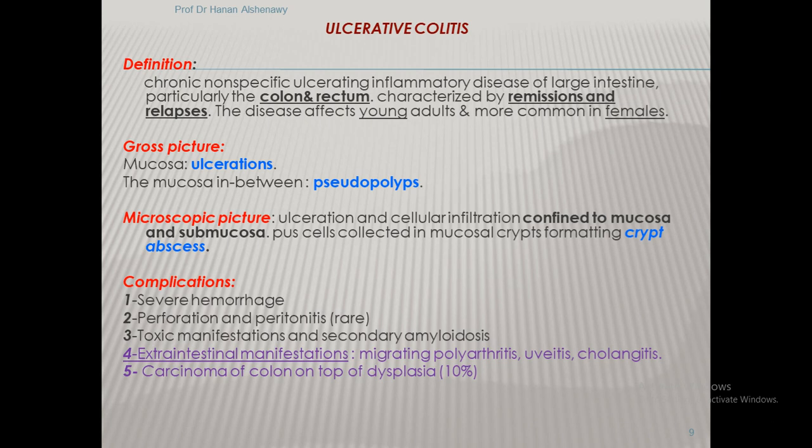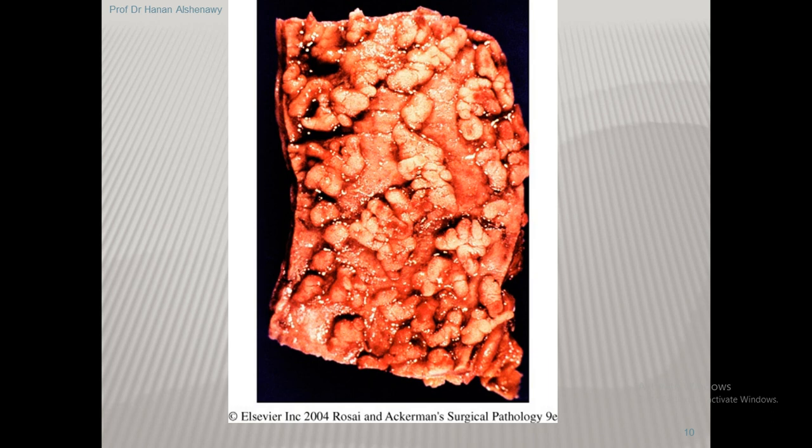And a very important complication is that this type of inflammation may proceed into carcinoma in 10% of patients, and this is a very big percent. This is the colon, and these are ulcers, and in between, pseudopolyps.